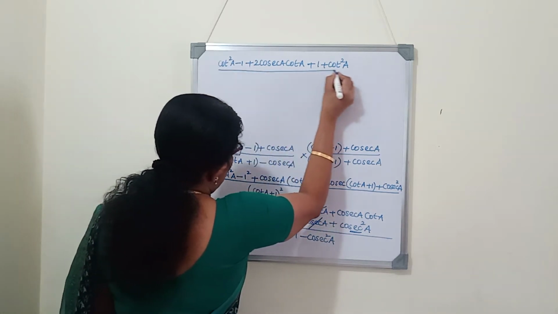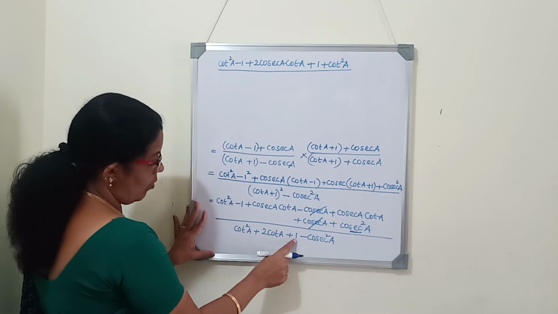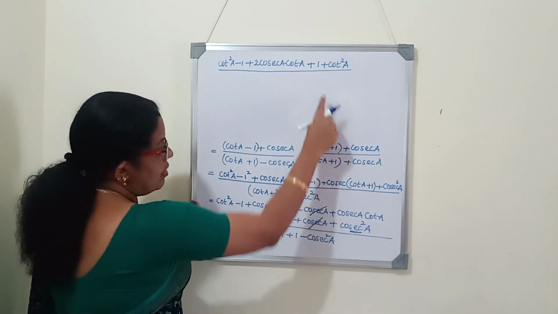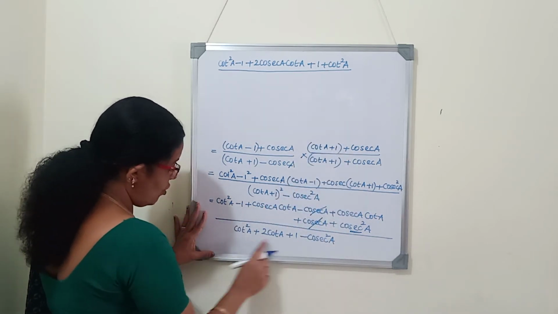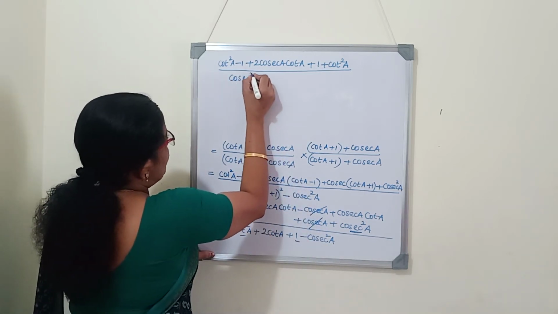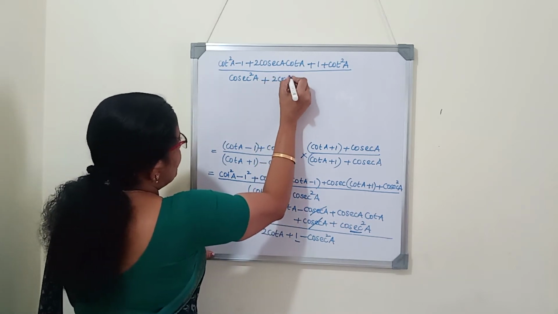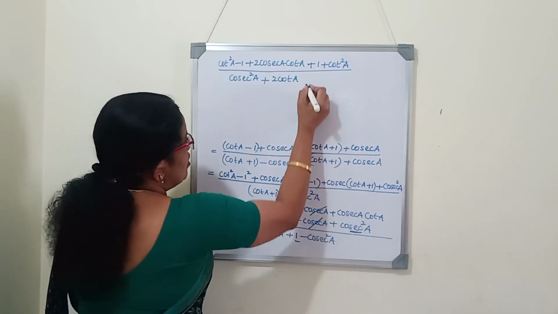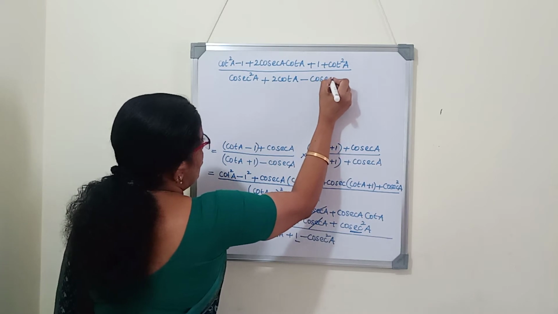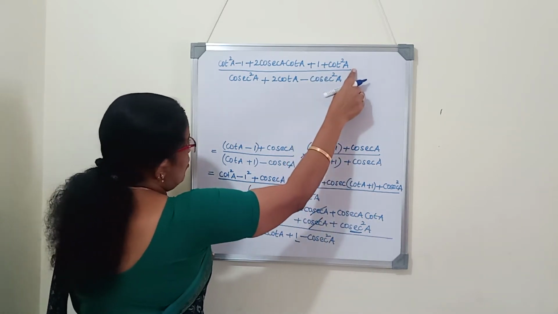Now the denominator. In the denominator, see, 1 plus cot square a. What is 1 plus cot square a? It is cosec square a. So here I will change 1 plus cot square a as cosec square a, plus 2 cot a, minus cosec square a. So in the numerator, cosec square a changed into 1 plus cot square a.